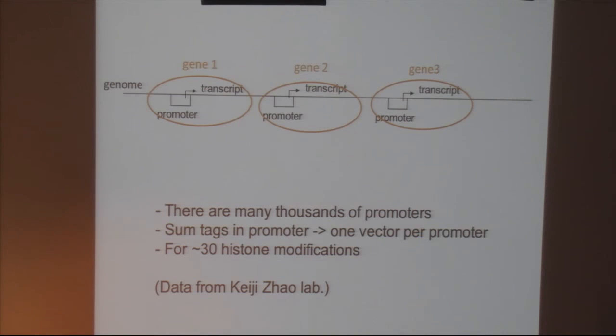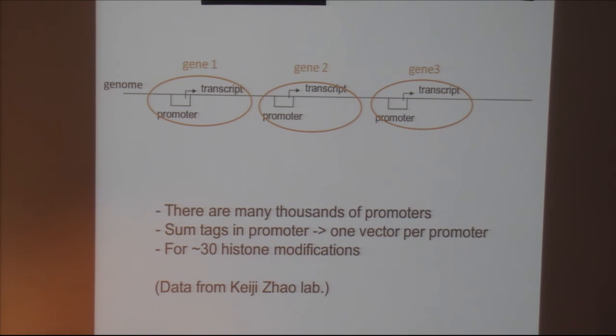So what we started to do as these data appeared, we started to ask questions about what is the relationship among the different histone modifications. How can we approach this? So this is now an entire genome. It consists of 3 genes. Each gene has the gene body from where the messenger RNA is transcribed, and it has a regulatory region, the promoter.